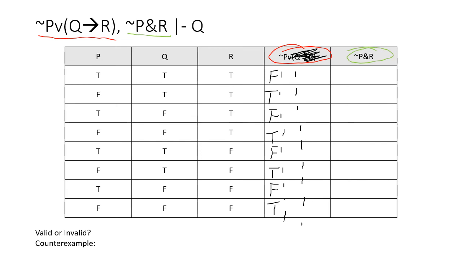And then focus on the arrow. Q arrow R. It's going to be true wherever the left side's false or the right side's true.